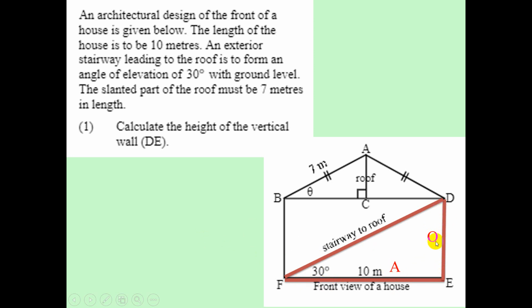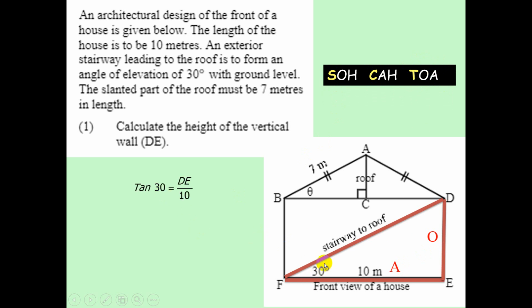Which trig ratio has an O and an A? SOHCAHTOA. The O and A belongs to tan. So we can conclude that tan of 30 degrees is equal to opposite, which is DE, over adjacent, which is FE. And we know FE is 10. So it's DE over 10.